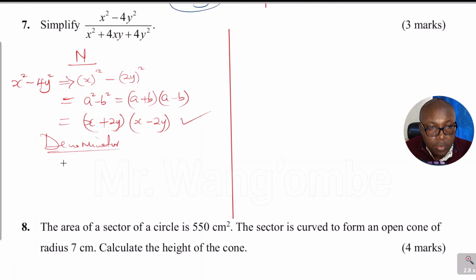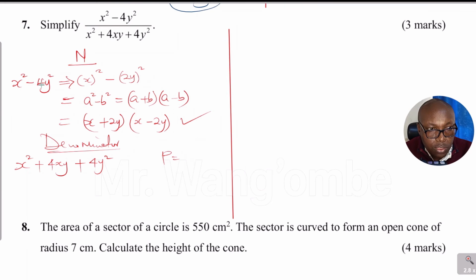So for the denominator, how do we simplify this? x squared plus 4xy plus 4y squared. So for this one, you have to factorize it by looking for two numbers using simple factorization. The coefficient of x squared is 1, the coefficient of y squared is 4.